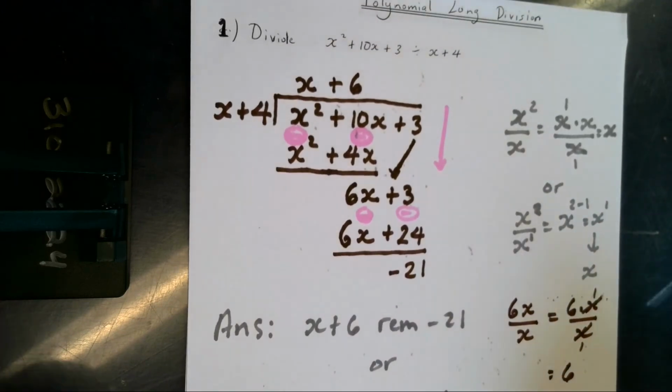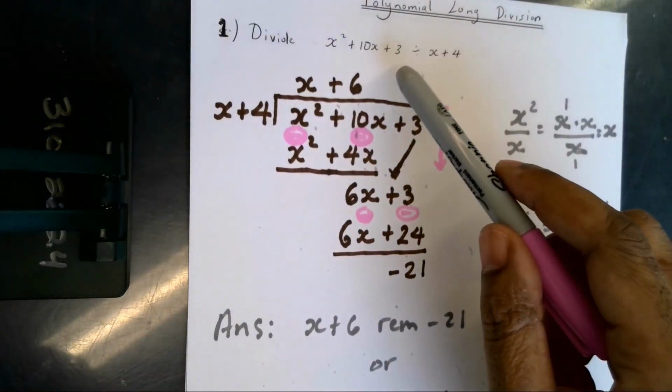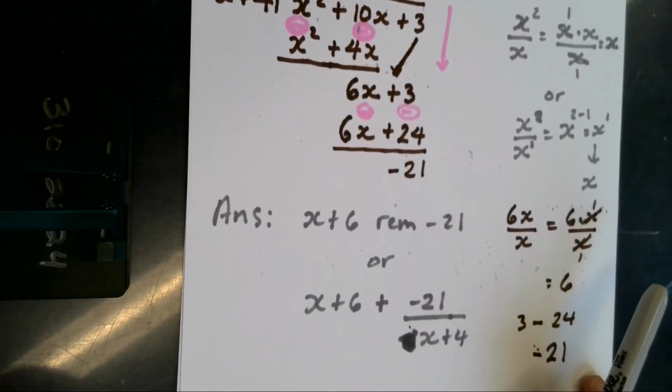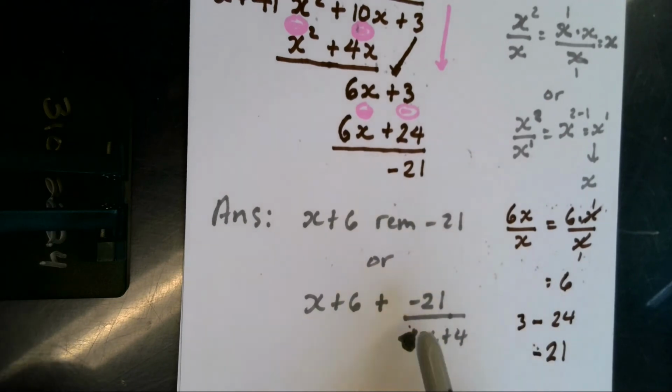So our answer when we divide x squared plus 10x plus 3 by x plus 4 is x plus 6 remainder negative 21, or x plus 6 plus negative 21 over x plus 4.